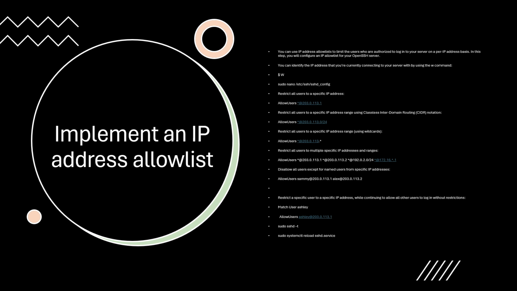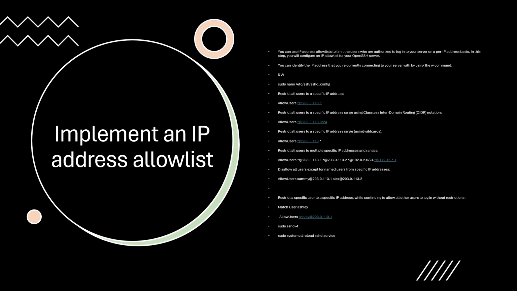And then you would disallow all users except for the named users from specific IP addresses. So you would AllowUsers Sammy@203.0.113.1, and also Alex@203.0.113.2. Then you would restrict a specific user to specific IP addresses while continuing to allow all other users to log in without restrictions.